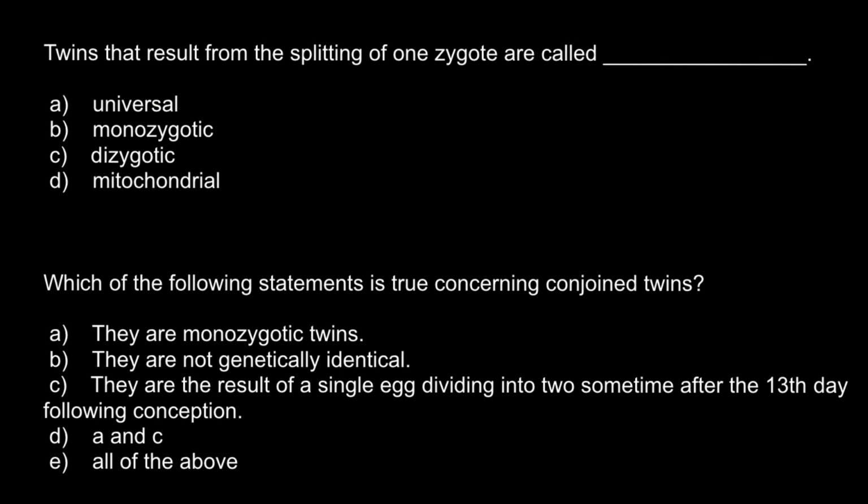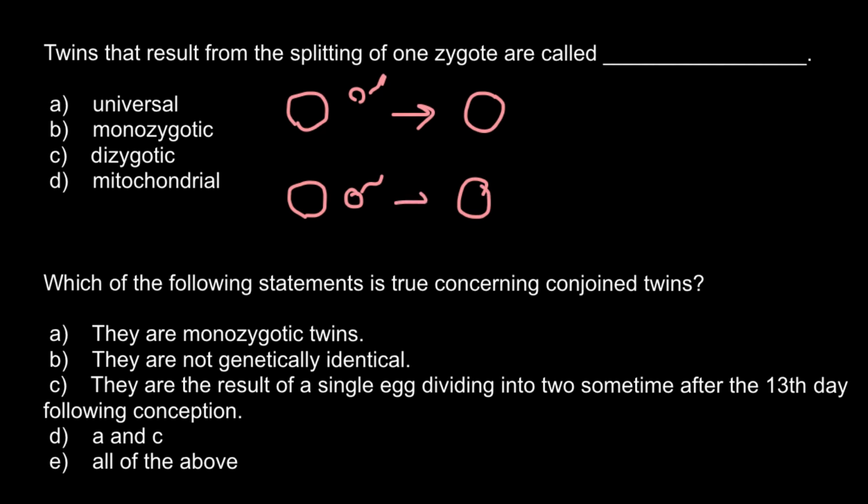First of all, we start with two egg cells this time and two sperms, two different egg cells and two different sperms. And at the next stage we have two different zygotes.